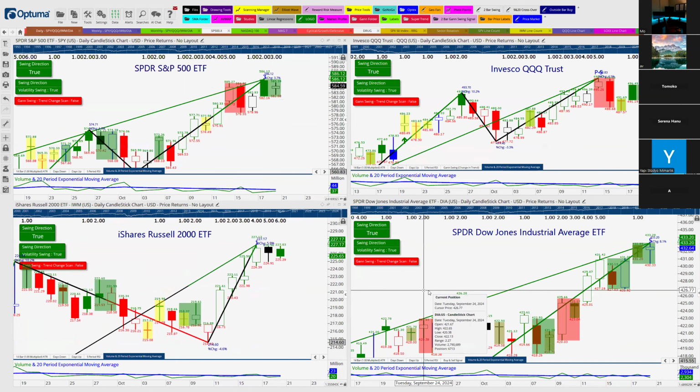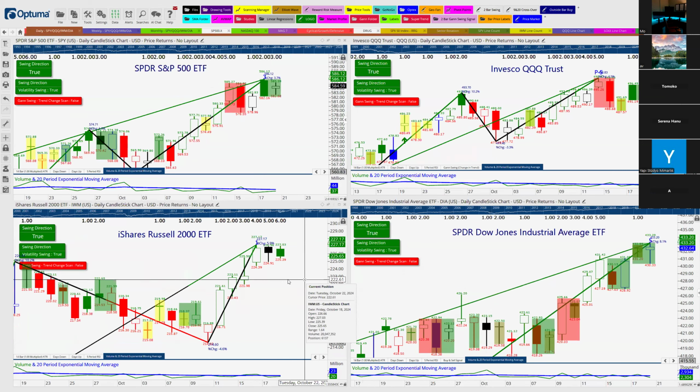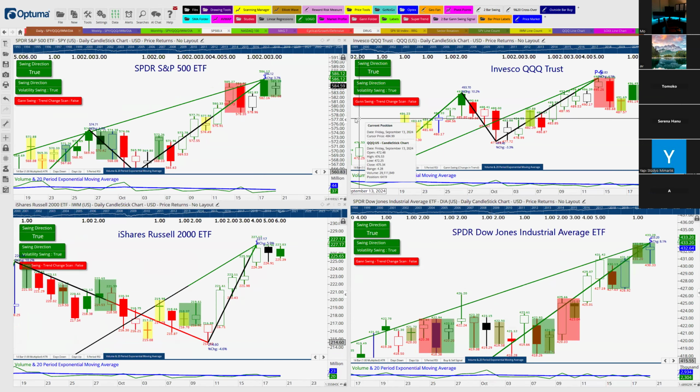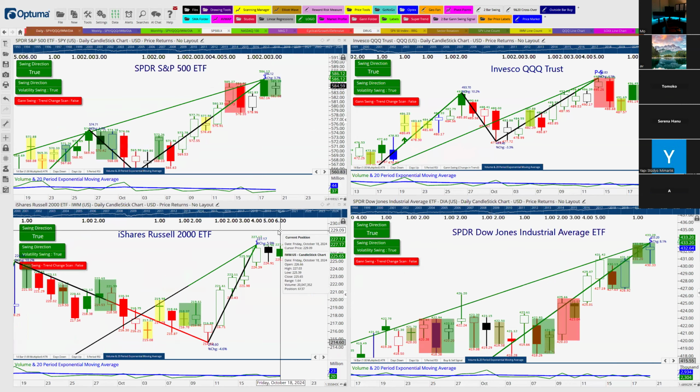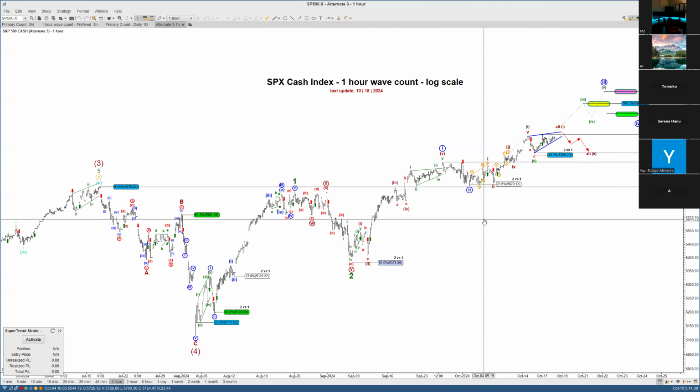I'm not saying Elliott is bad. I mean, I love Elliott wave. But I need my confirmation from here for me to make the case here. I know how my system works. I know how I built it, and I know how it works. And it works. You all know that.